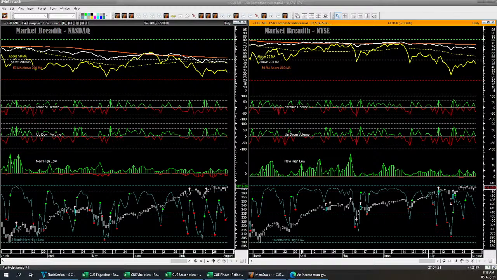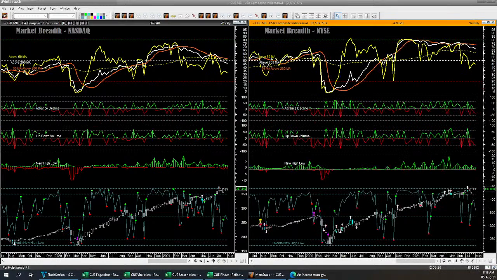In the last webinar, I showed the appearance of bearish divergence that is seen better using the weekly intervals. And you can see though QQQ is going up, making new all-time highs, the advanced decline has come down and turned negative for Nasdaq and also for NYSE.